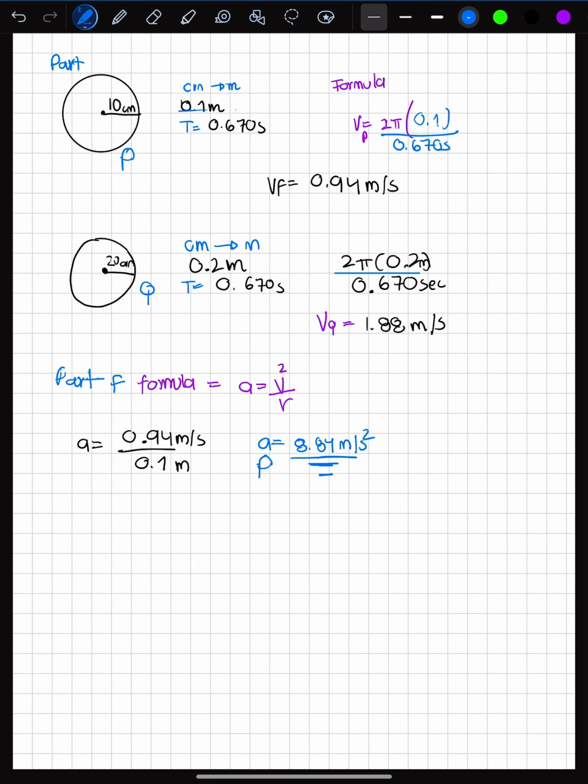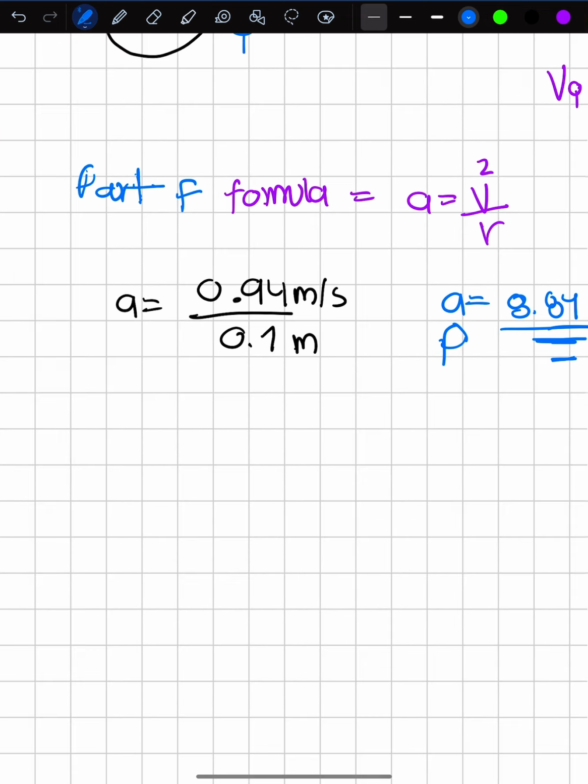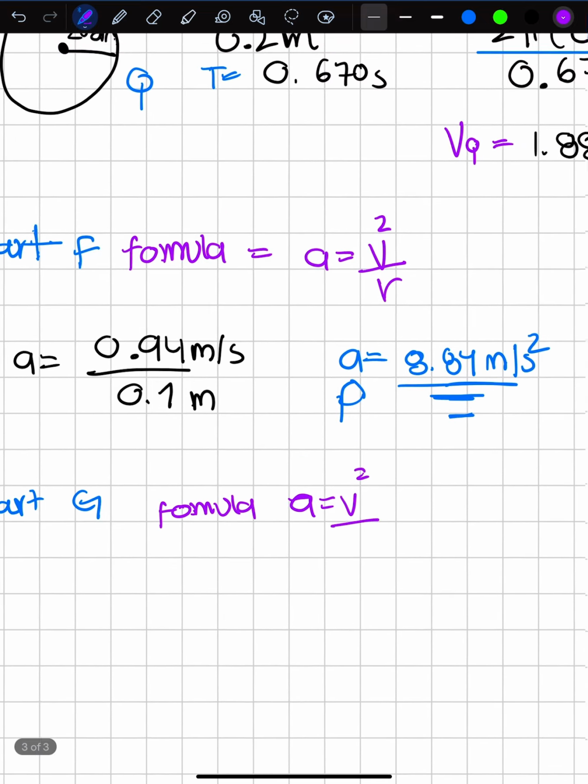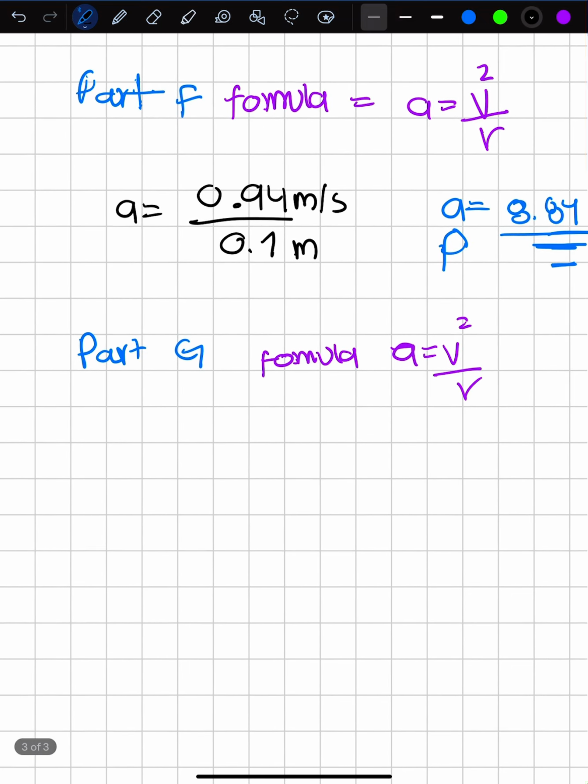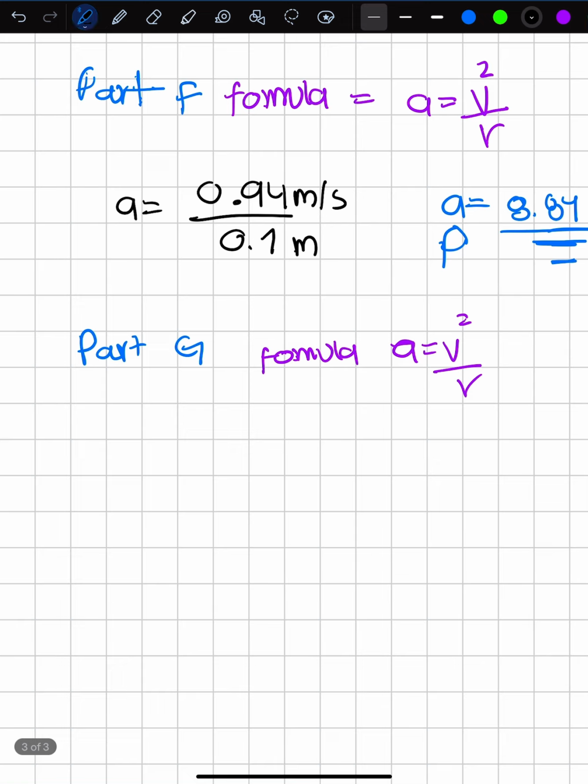Now the next question is part G. They're asking us to do the same, but we're going to do it for point Q now. So we're going to use just the same formula as well. This formula, acceleration equals speed squared under the radius.